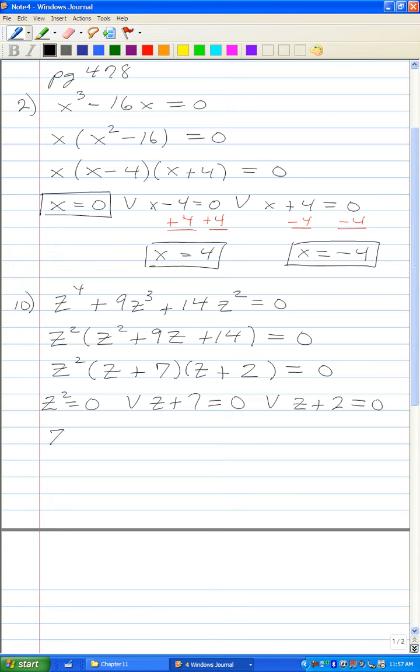So I get z equals 0. Subtract 7. So I get z equals negative 7. Subtract 2. And I get z equals negative 2.